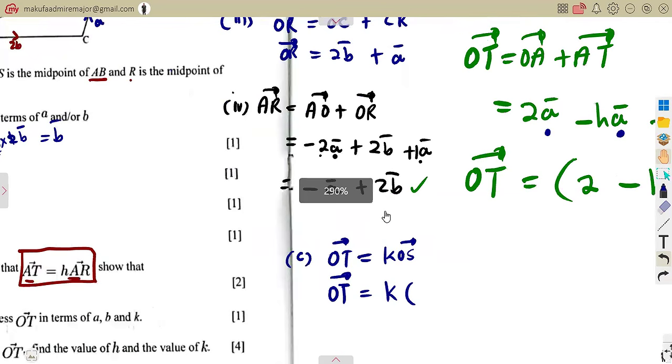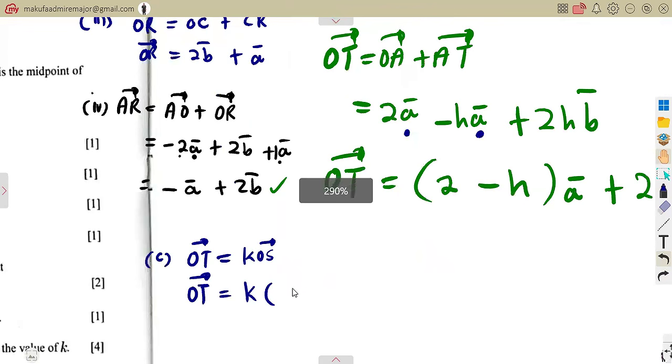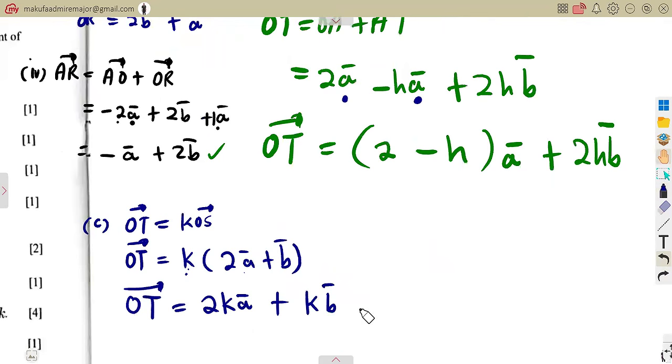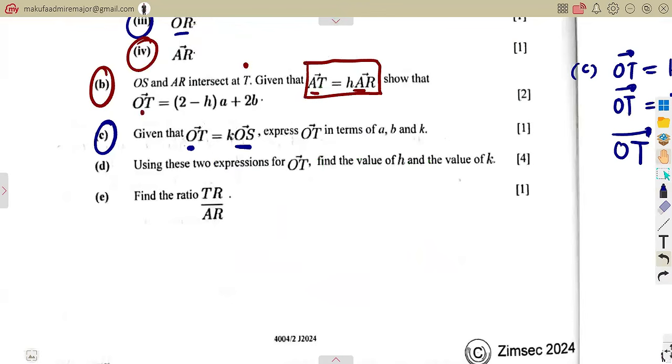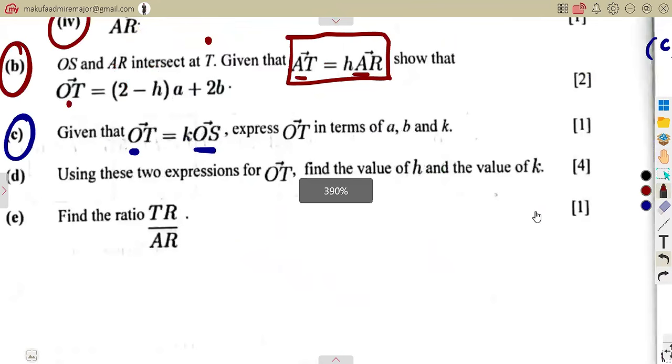Remember, our vector OS, we calculated this, was 2A plus B. So let's multiply and see what you're going to have. K times 2A, that's 2KA, K times B, which is going to be KB. So this is our vector OT in terms of what we are given. A is there, B is there, K is also there.